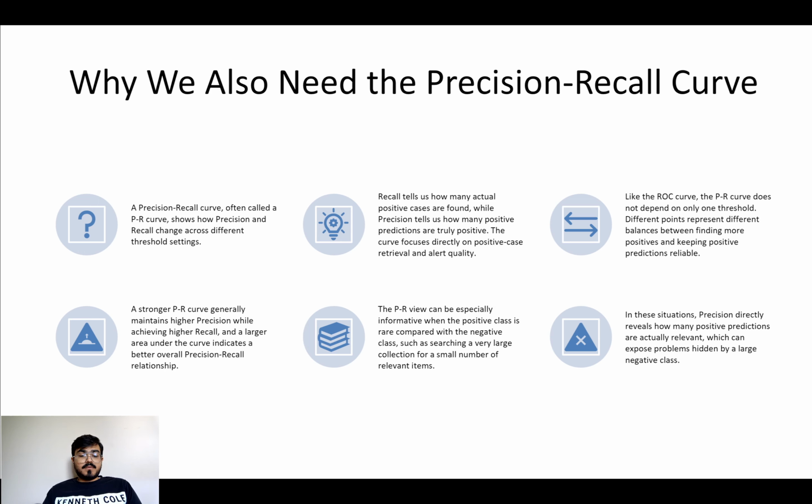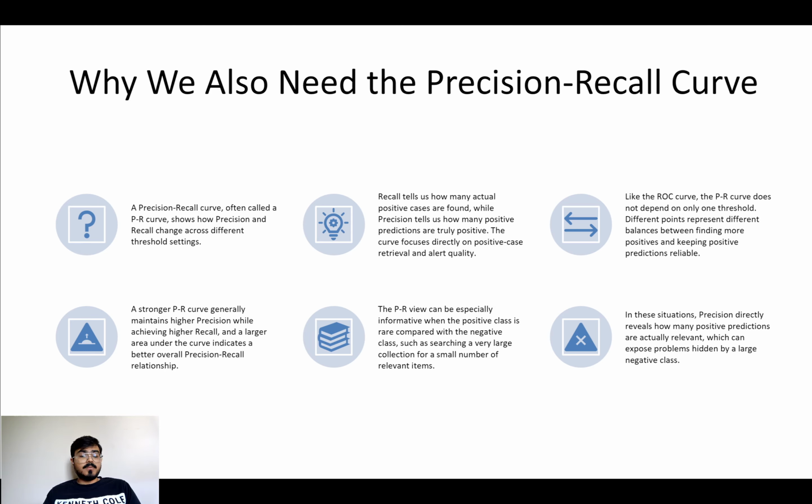Think about our fraud detection example. If we lower the decision threshold, the model usually detects more fraud cases, which increases recall. However, it may also classify more normal transactions as fraud, causing precision to decrease. On the other hand, if we increase the threshold, the model becomes more selective.